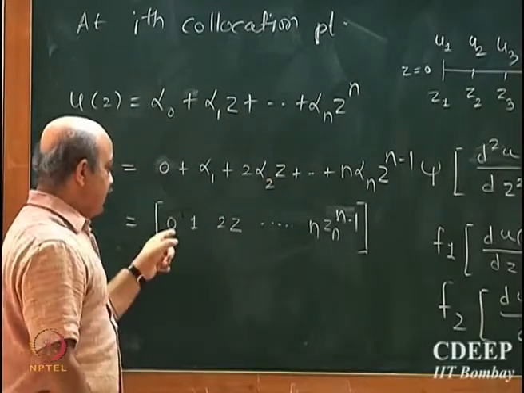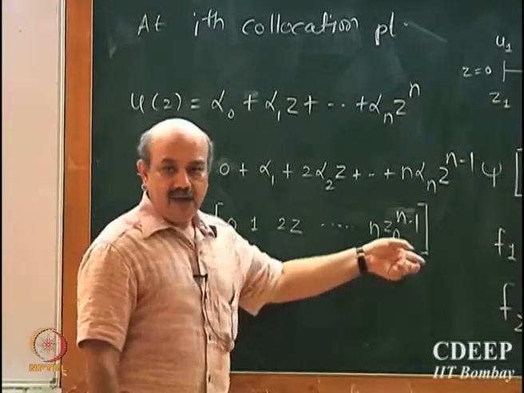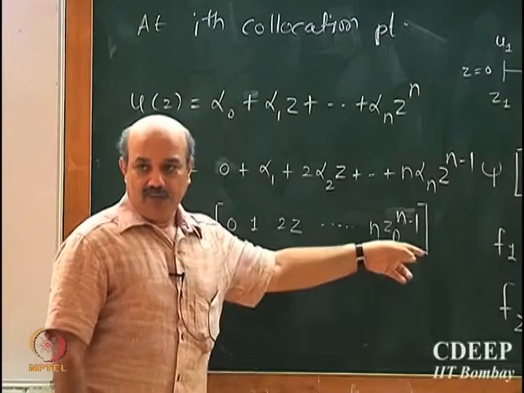One vector is 0, 1, 2z, 3z squared, 4z cube and so on.